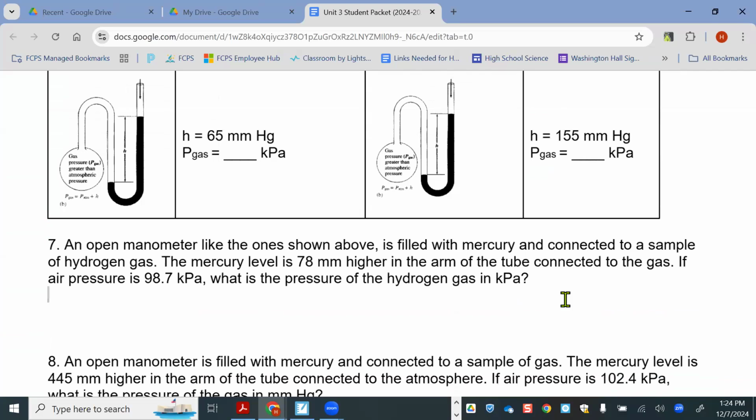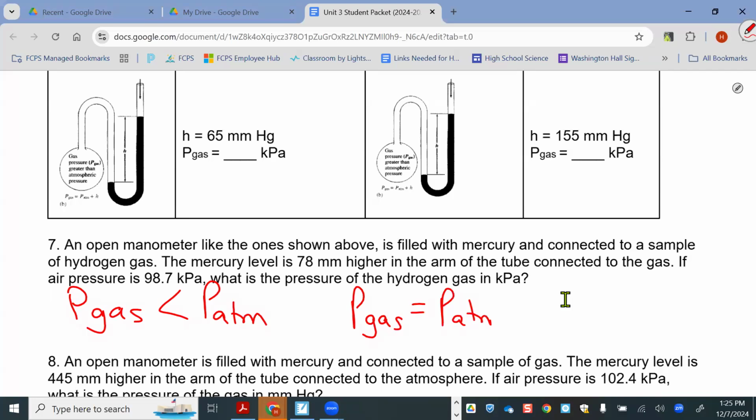So you add, but in this case, it says the mercury is higher on the side with the gas, which means that the atmosphere is pushing higher. So for this one, pressure of the gas is less than pressure of the atmosphere, which means to figure out the pressure of the gas, you take the pressure of the atmosphere and you subtract the height.